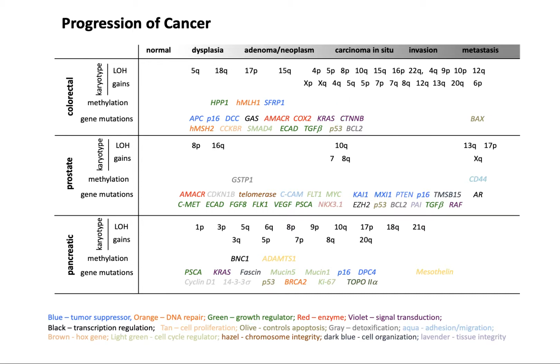The genes in dark green are growth regulators, mutations in growth regulators. The orange are genes important in DNA repair, such as BRCA2.